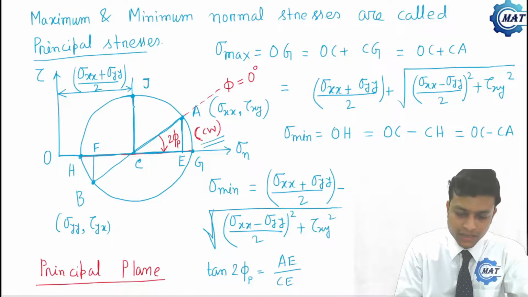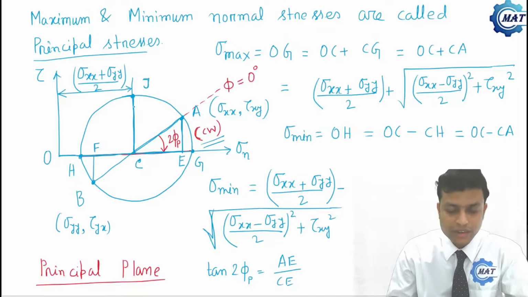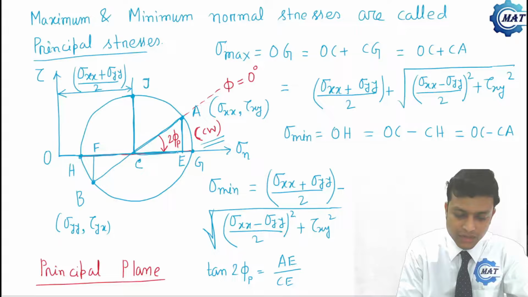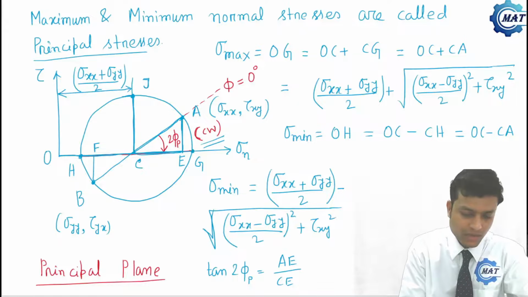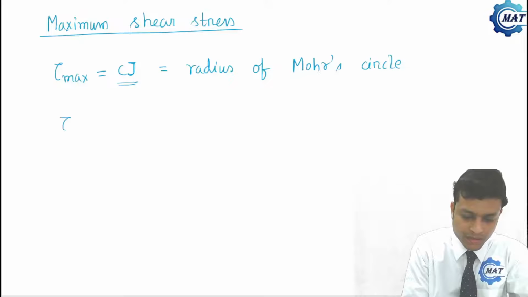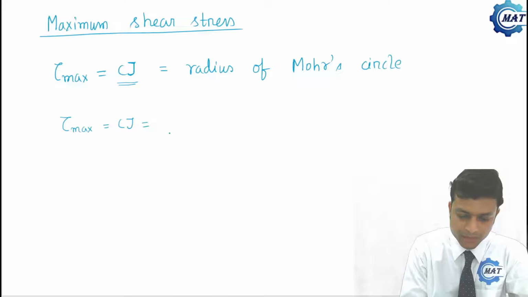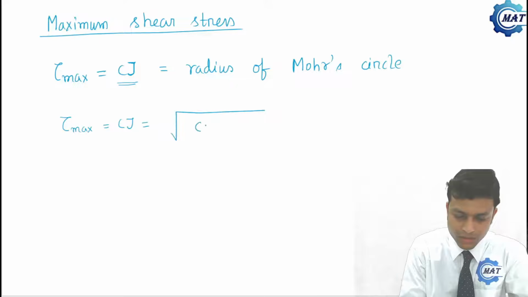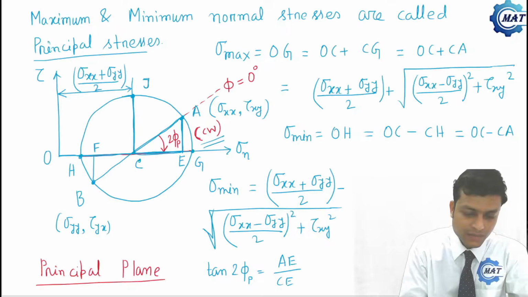So CJ is what? That is the radius of the Mohr circle, which is nothing but root over CE square plus EA square. So tau max is CJ, that is root over CE square plus EA square. What is CE?